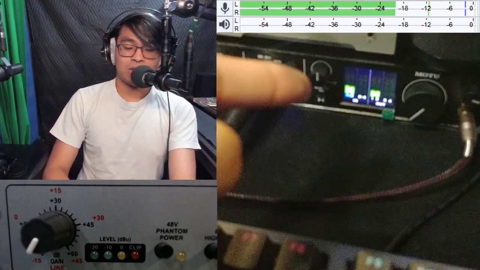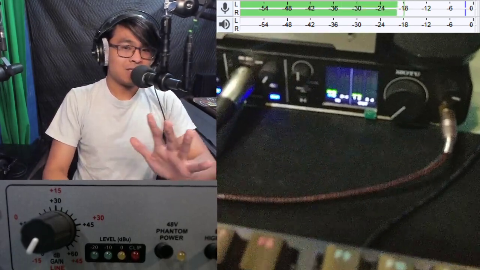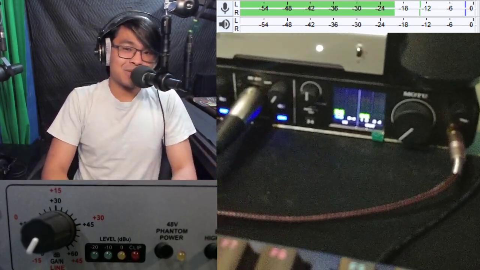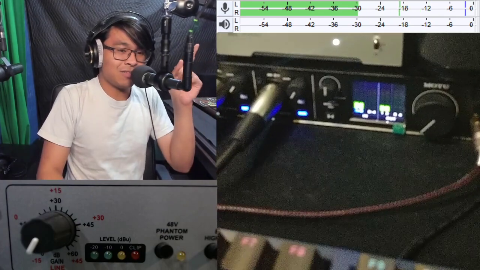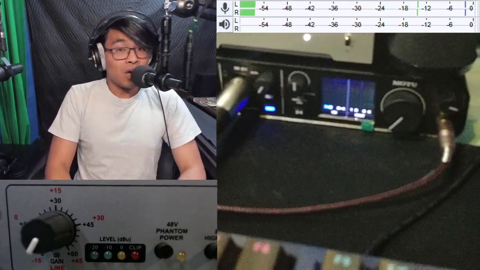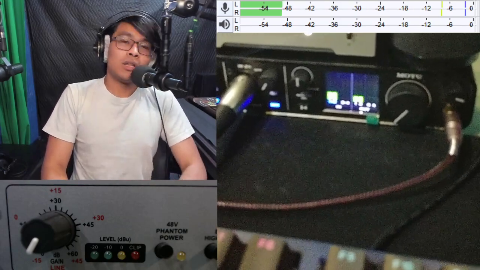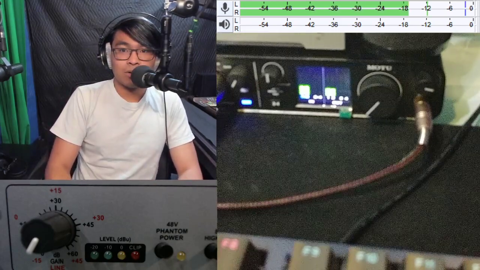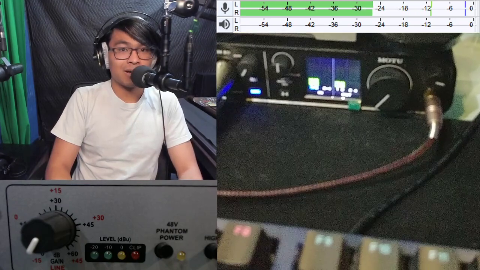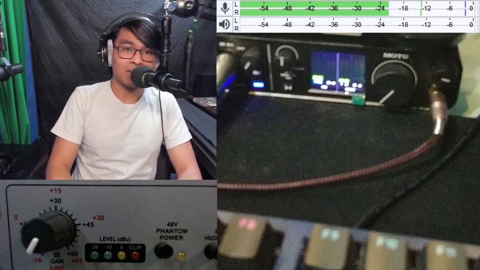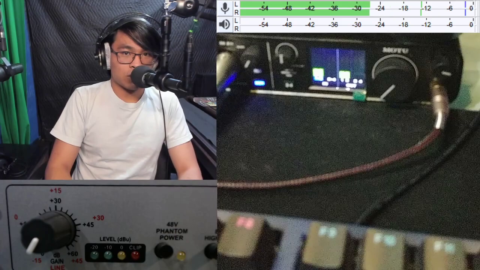Then here's the meter on my interface. It's the exact same meter as the one you see on the top over there that Audacity uses. All of these meters are the same reading. They all use decibels, and they're all just saying that I'm talking at an average level of -18 to -12.